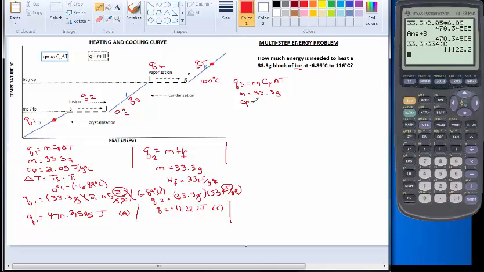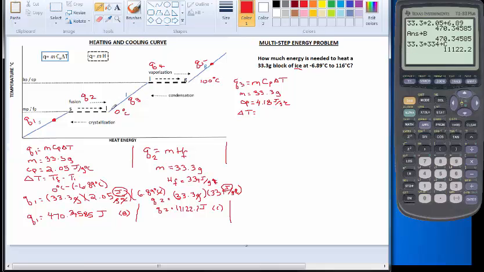Our specific heat capacity this time is going to be for a liquid because we're on the liquid portion of our cooling curve. And the specific heat capacity for liquid water is 4.18 joules per gram degree Celsius. Our delta T, again, is T final minus T initial.